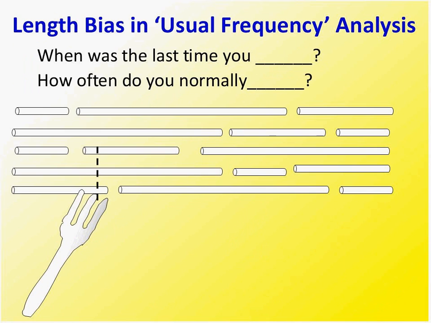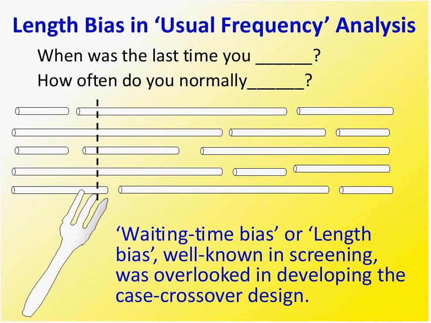A really short tangent on usual frequency analysis. It never occurred to me, somebody else pointed it out, that there is a kind of length bias in the crossover analysis. Like from screening, we know that when you screen, you tend to get longer intervals.